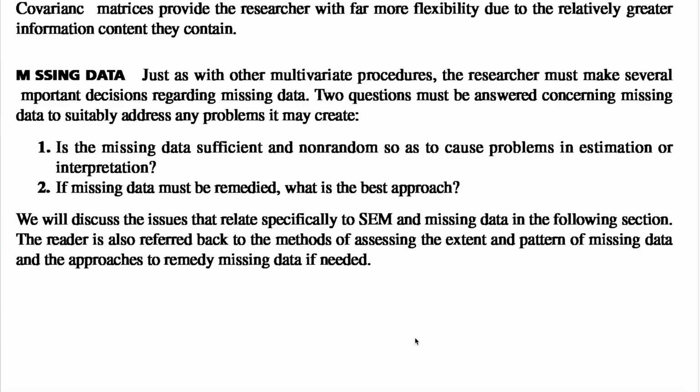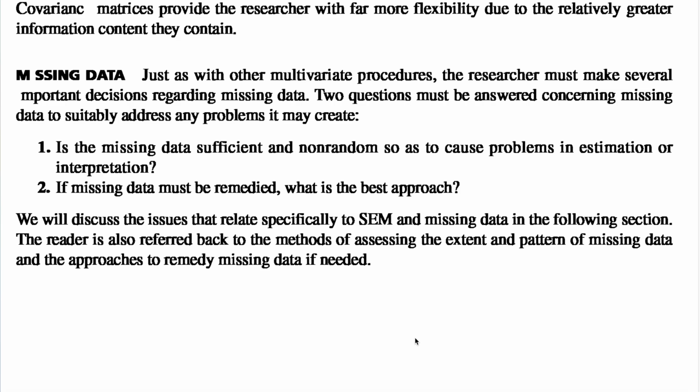Missing data. Just as with other multivariate procedures, the researcher must make several important decisions regarding missing data. Two questions must be answered considering missing data to suitably address any problem it may create. The first: is the missing data sufficient and non-random so as to cause problems in estimation or interpretation?